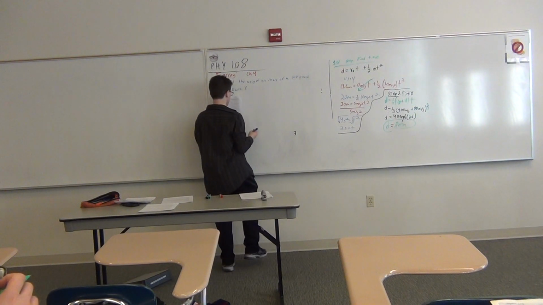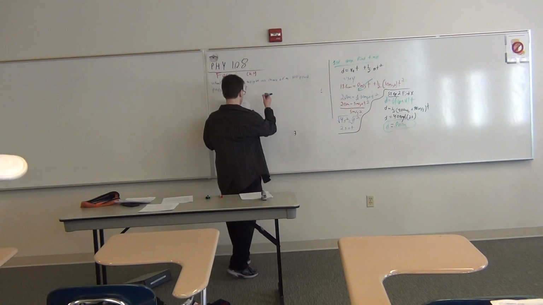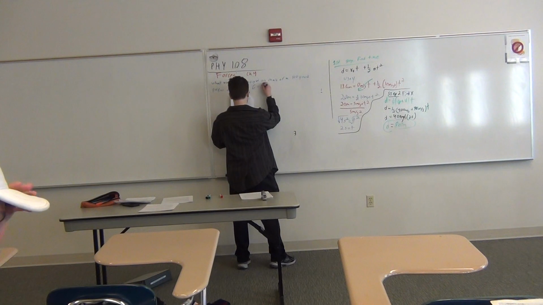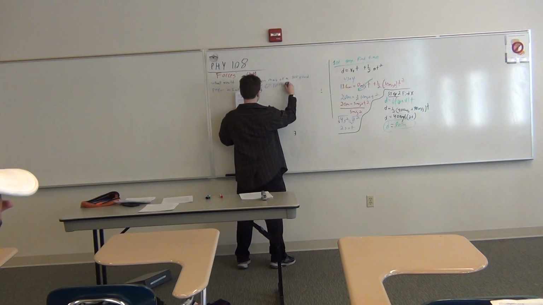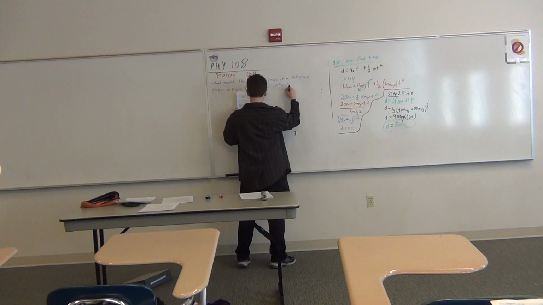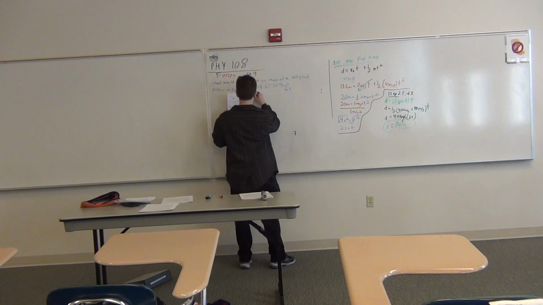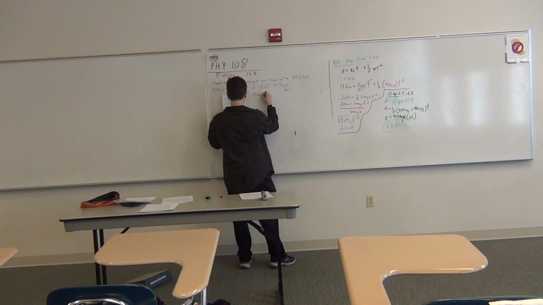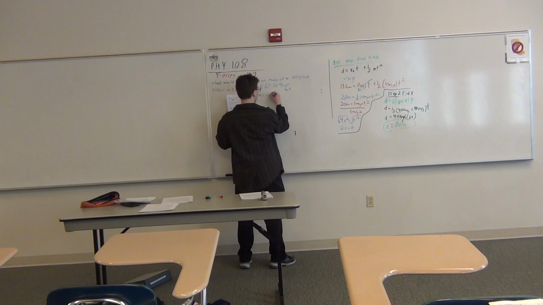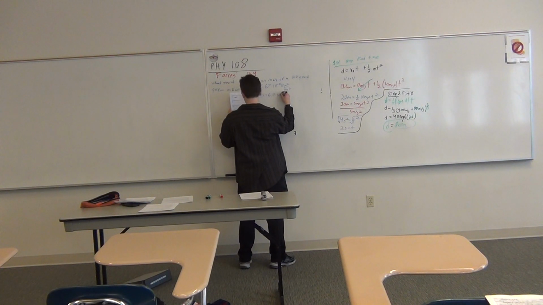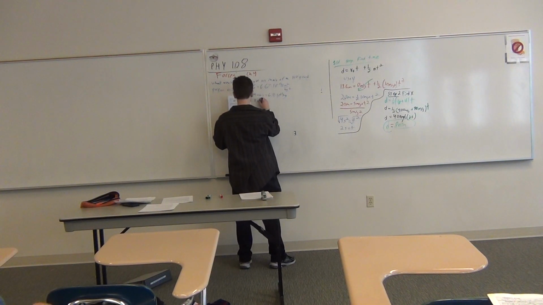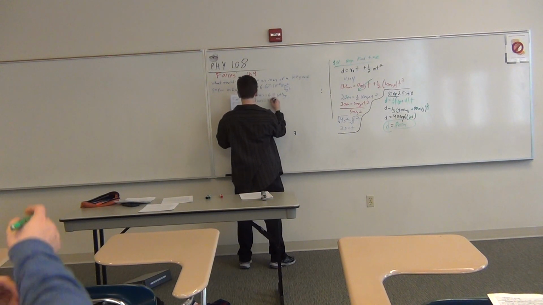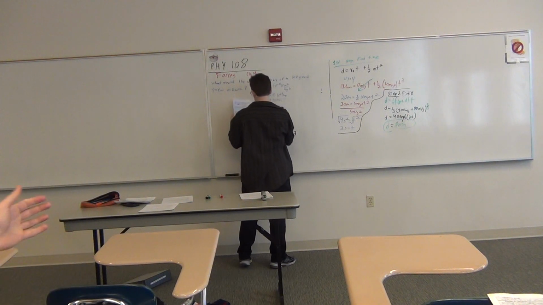He gives you some constants. G equal to 6.67 times 10 to the negative 11 newton meter squared per kilogram squared. The mass of Mars, 6.4 times 10 to the 23 kilograms. The radius of Mars, 3.4 times 10 to the 6 meters.